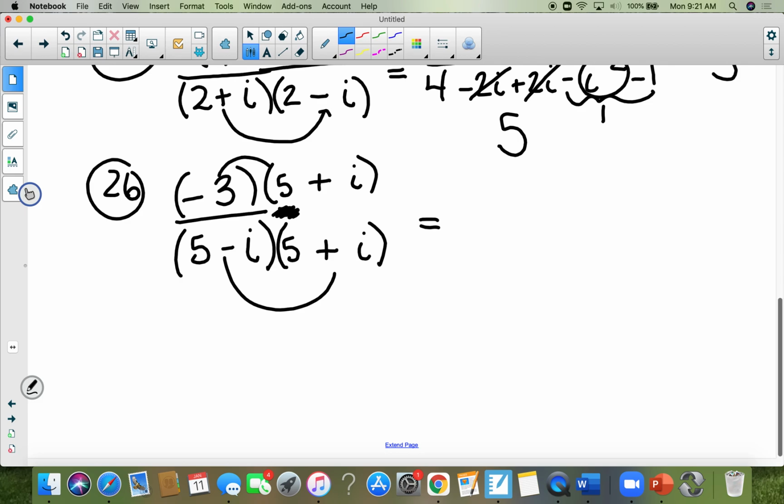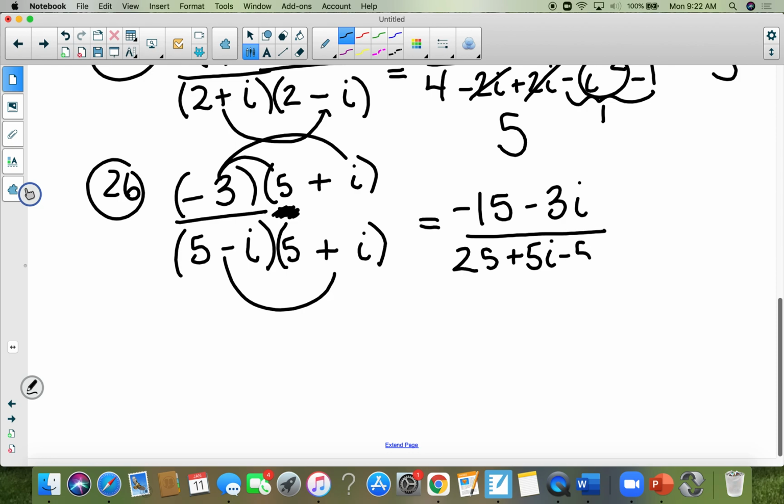A negative 3 times 5 is a negative 15. A negative 3 times i is a negative 3i for the top. On the bottom, 5 times 5 is 25. A positive 5i, a negative 5i, and a negative i squared.